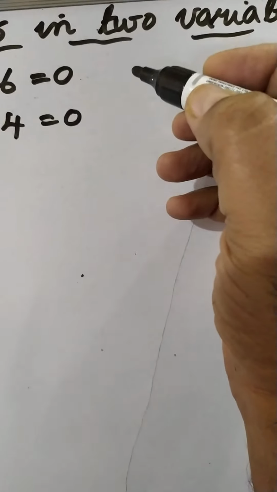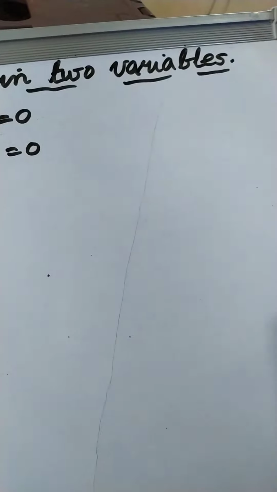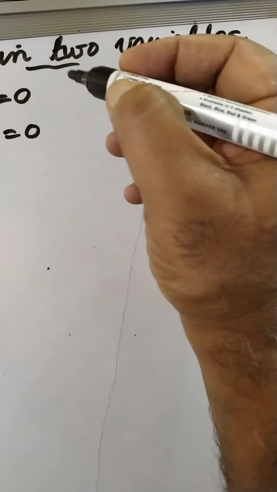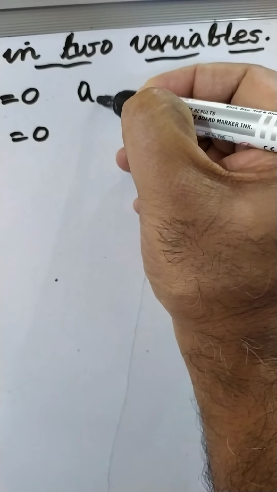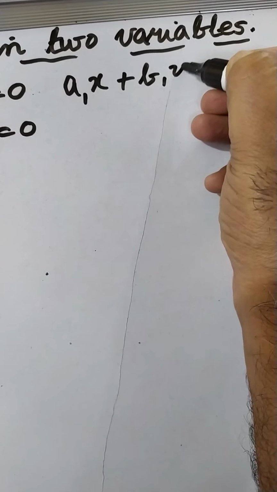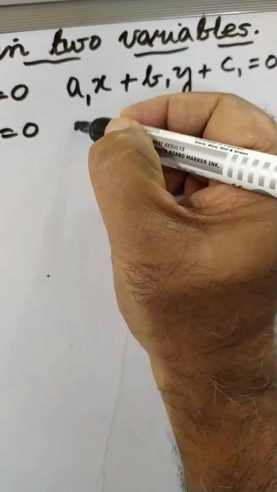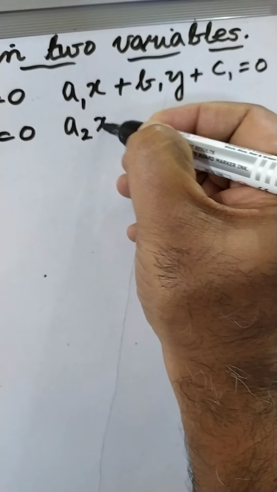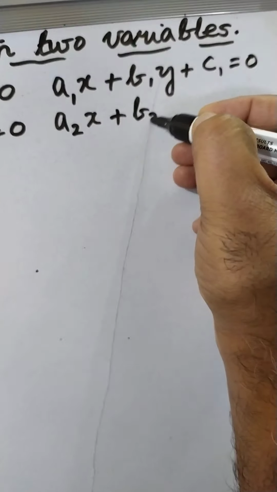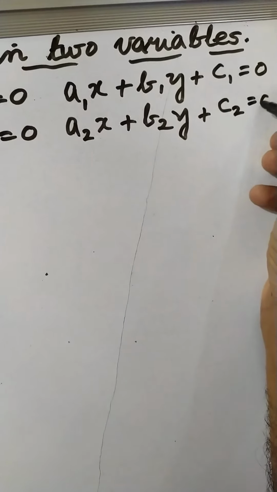The standard form of a pair of linear equations in the same two variables will be a1x plus b1y plus c1 equal to 0 and a2x plus b2y plus c2 is equal to 0.